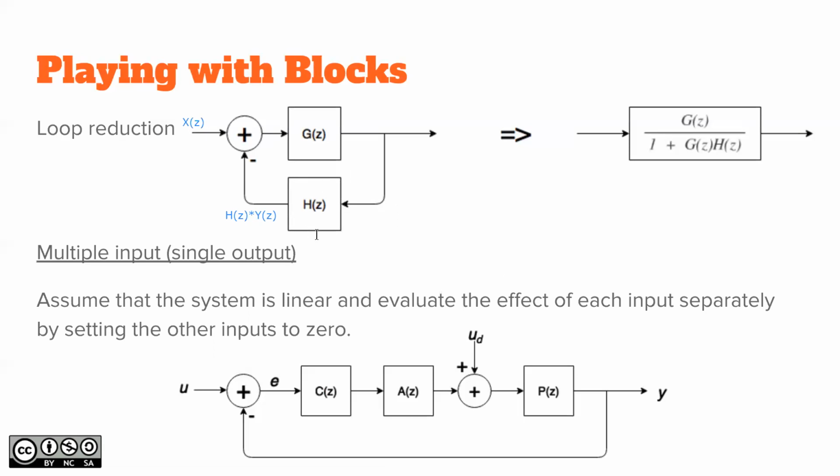Any of these blocks will just, whatever is the input, the output is the transfer function times the input. And here we have Y(z), which is the output. Here we have H(z) times Y(z). Okay, now I got it.